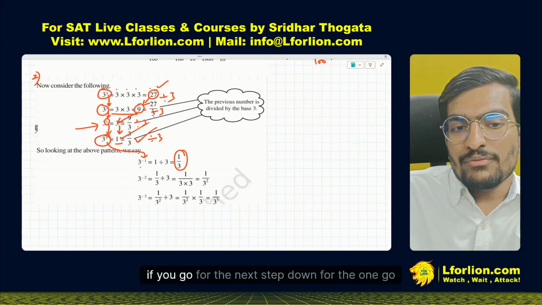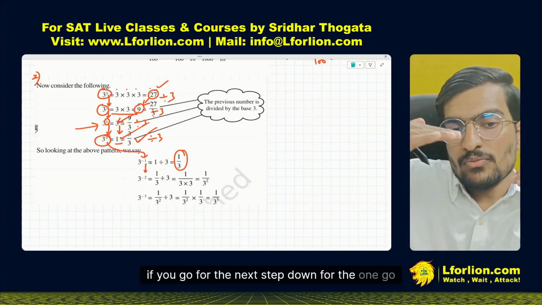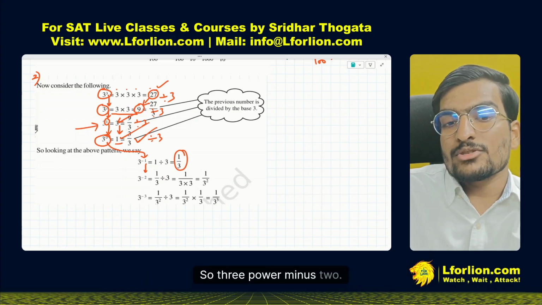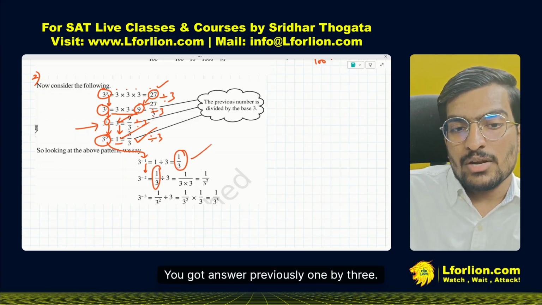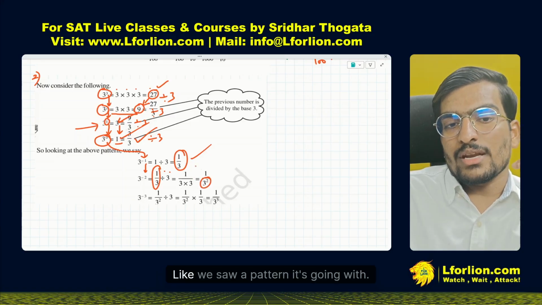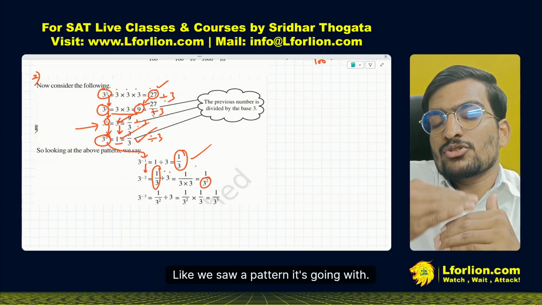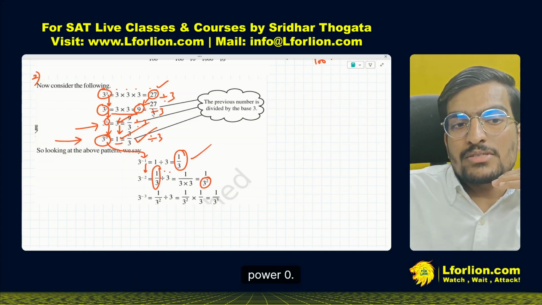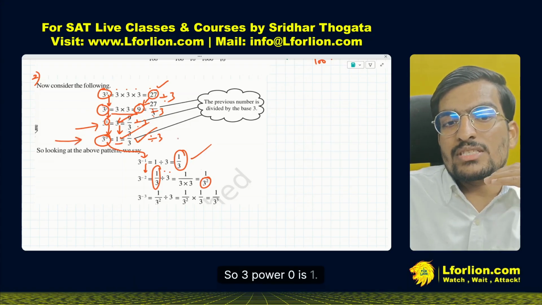If you go one more step down, that's going to be 3 power -2. So 3 power -2, you got the answer previously 1 by 3, divided by 3, that's going to be 1 by 3 square. We saw a pattern it's going with, we continued that pattern to get the value of 3 power 0. So 3 power 0 is 1.